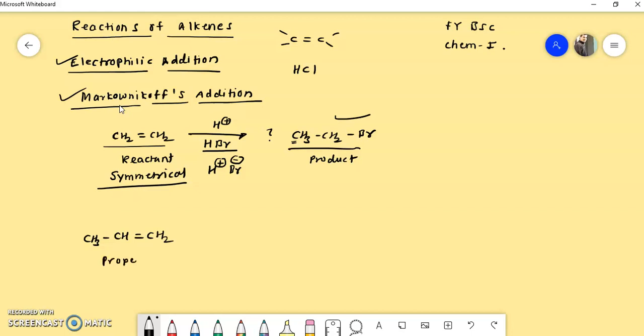It is propene. Now if this propene is treated with HBr, then what is the product? That we have to see. There are two possibilities of product here.